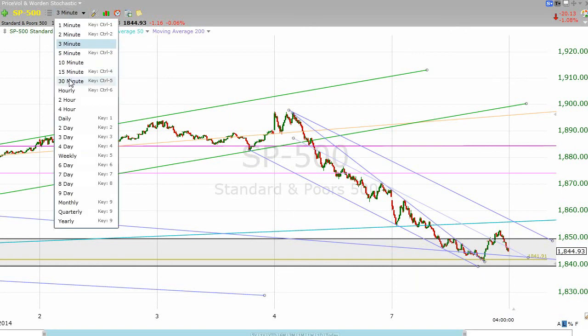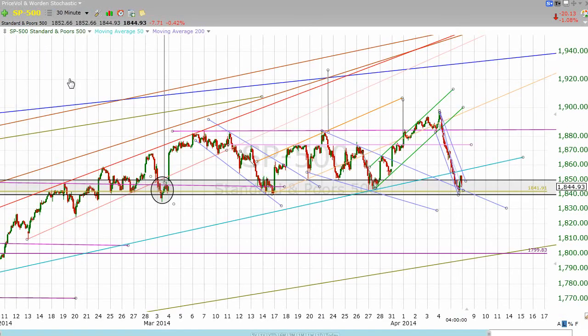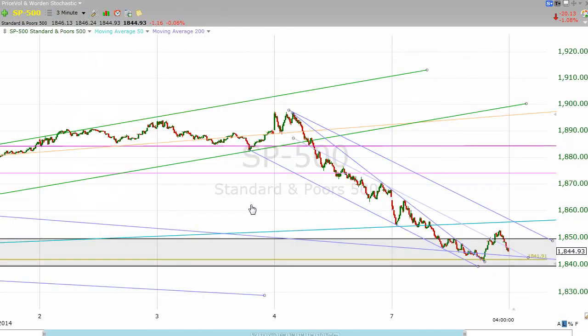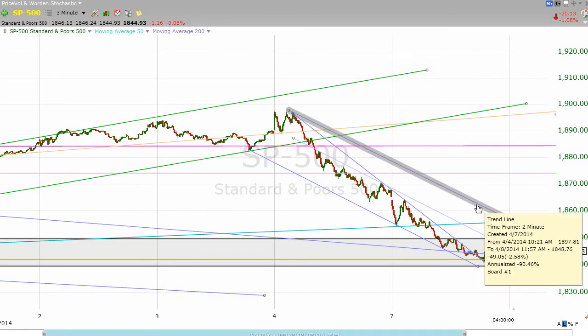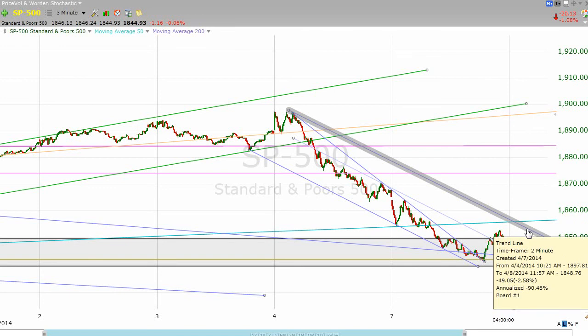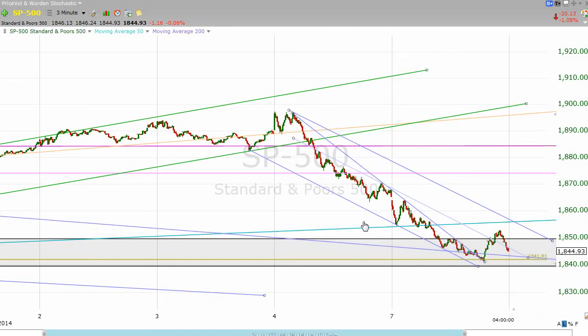Because again, like I said, you look at it like that, you can't tell anything. You look at it like that, now all of a sudden you start to maybe see some structure. So if we get over this line right here, I think that's a good indication that, yeah, this down leg here over the past 2 days is probably going to reverse back up.